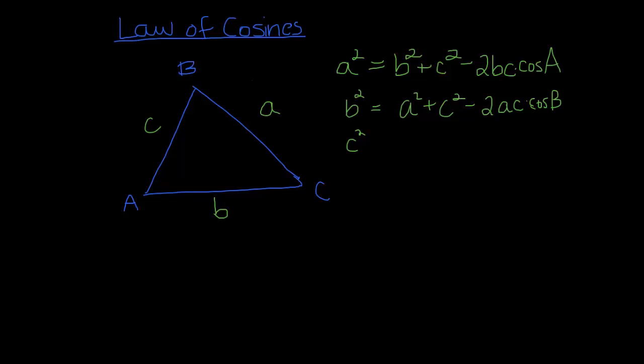We could also say that c squared equals a squared plus b squared minus 2ab cos of angle C. It really is the same thing, just three different perspectives.